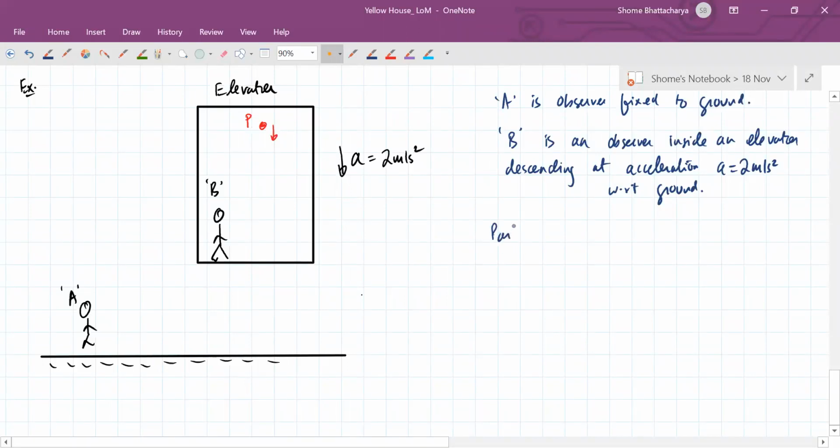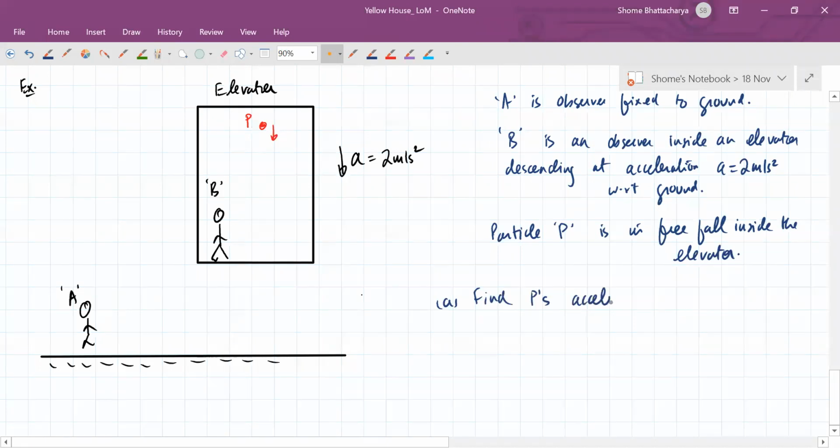Now particle P is in free fall inside the elevator. Once again, find P's acceleration with respect to A's frame.